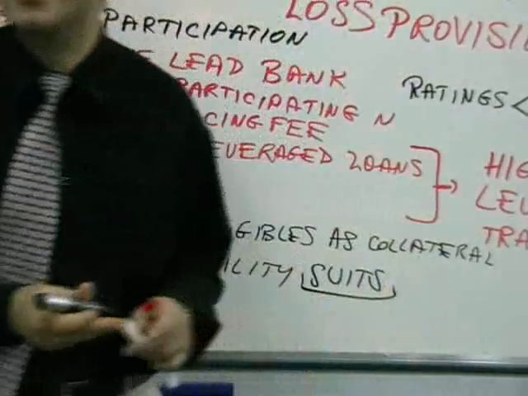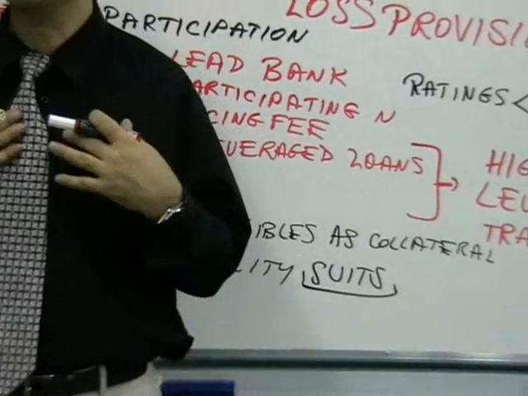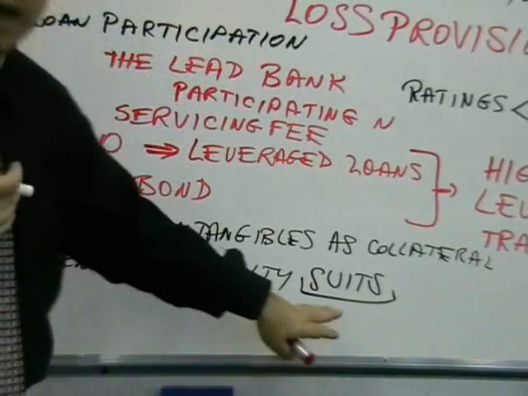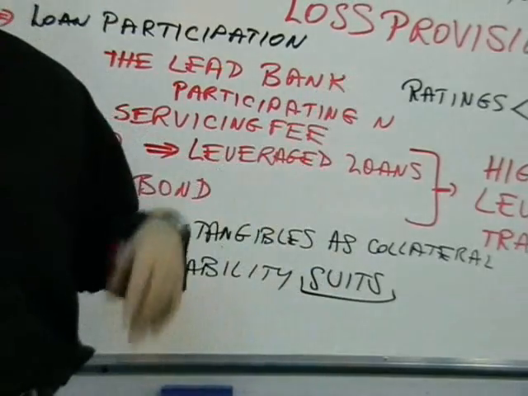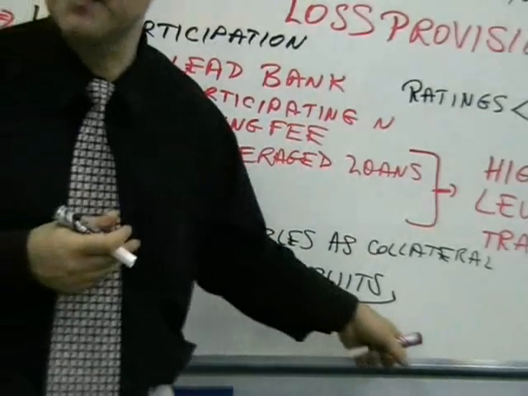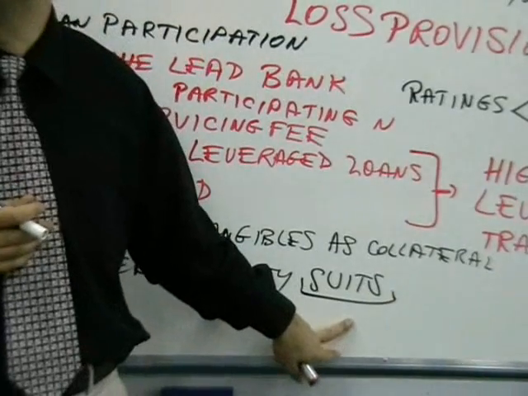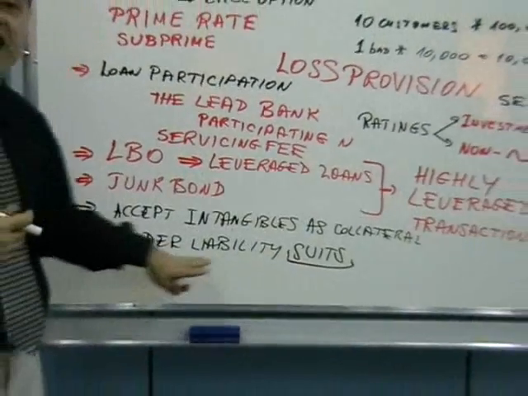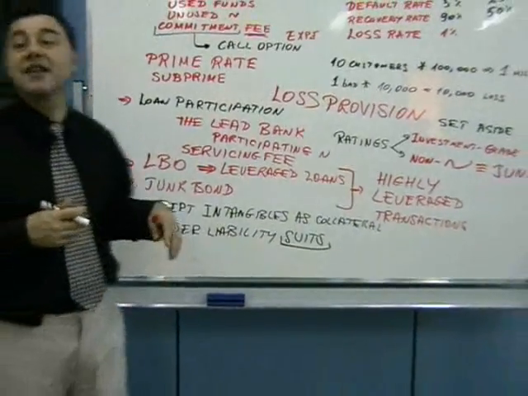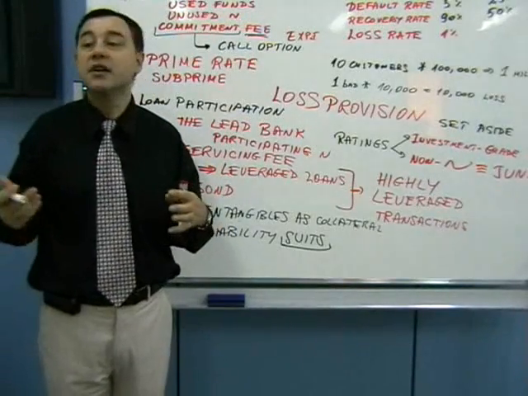A suit is just a legal procedure initiated by a party because he believes that he's been victimized in one form or another, that he suffers some sort of losses. So in this case, it is the borrower who sues the lender, claiming the lender caused some sort of damage.